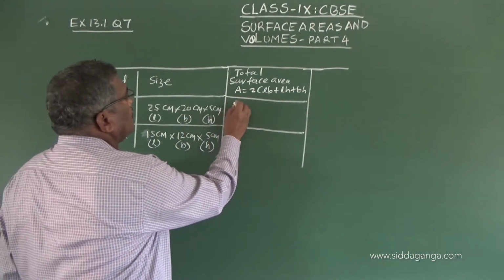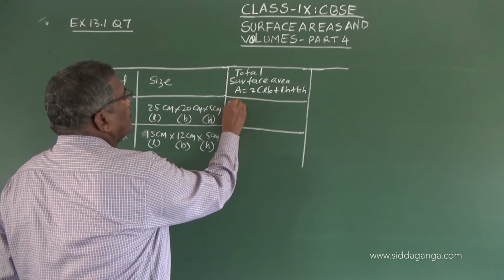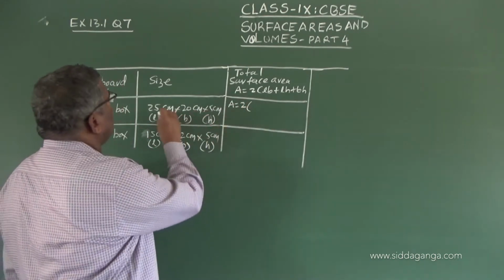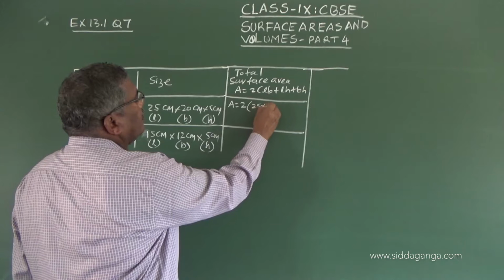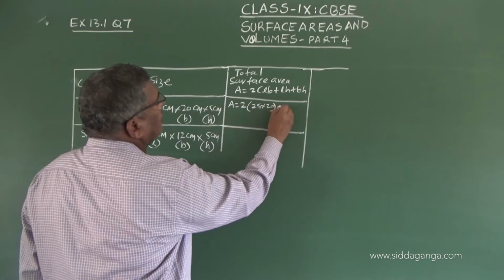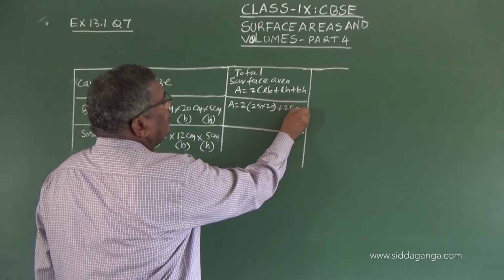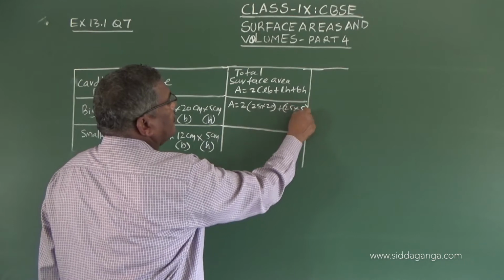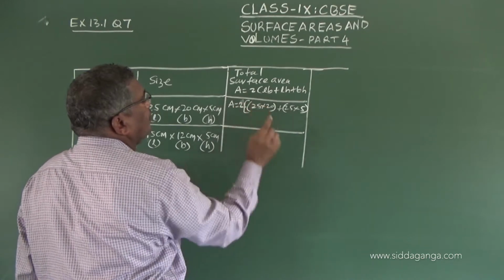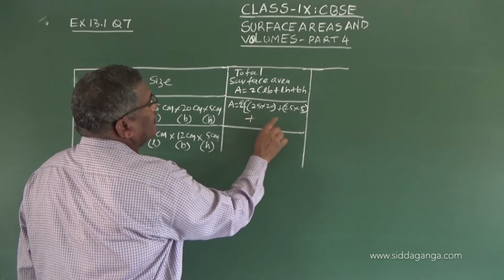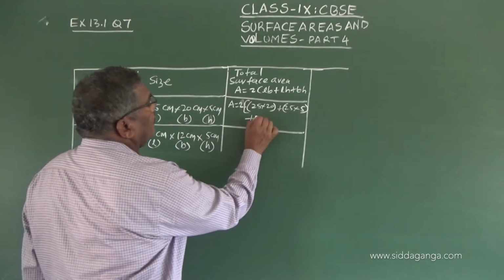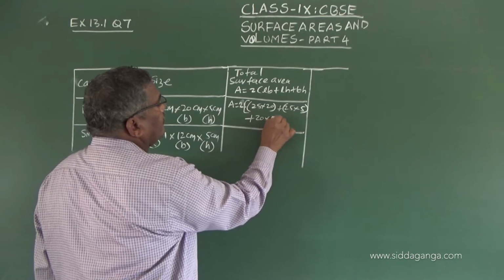So the total surface area A will be equal to 2 times LB, that is 25 into 20, plus LH, 25 into 5, plus BH, 20 into 5.